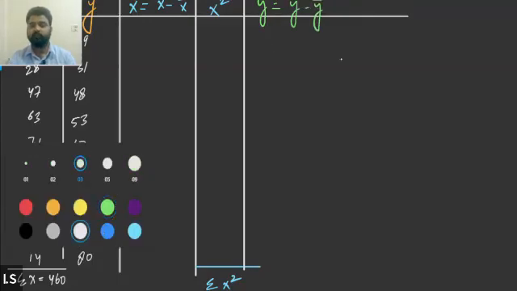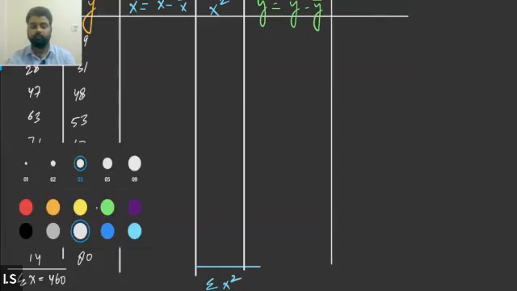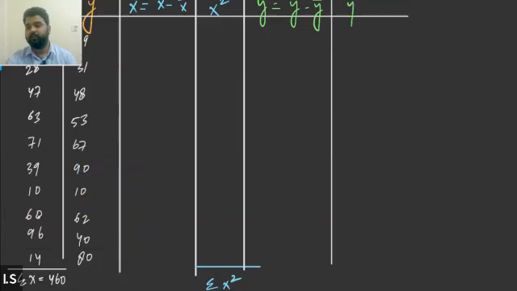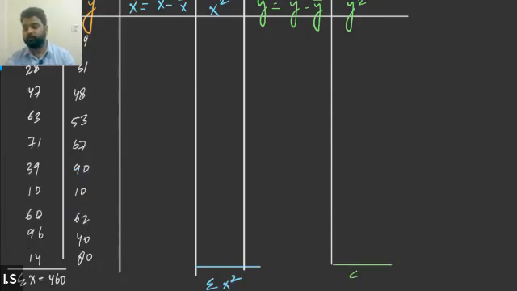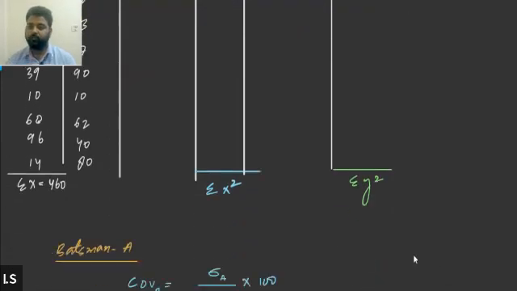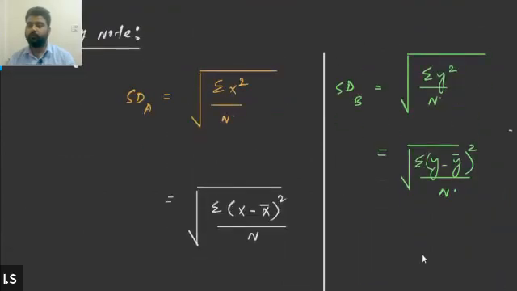And after finding out the deviation, we need to square all the deviations. We will be finding out the y square, and after that we will total all the values of y square, sigma y square. And whatever value we get here, we will put into this formula.